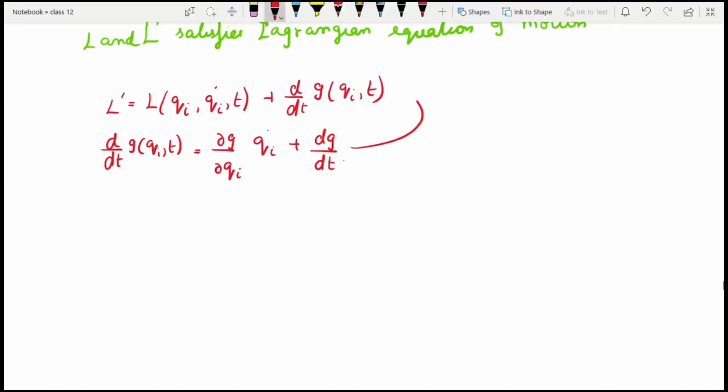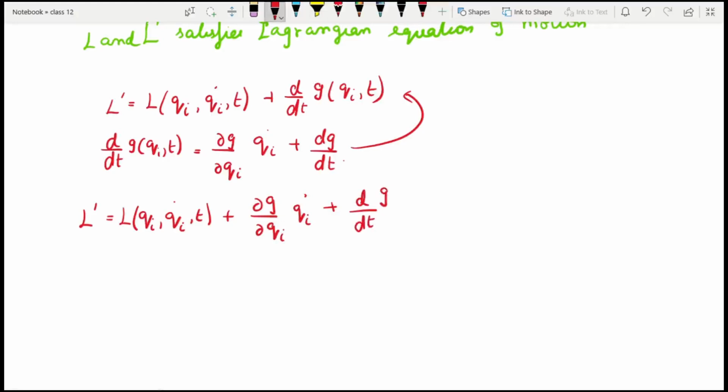Now we will substitute it here and see what we will be getting. L prime is equal to L(qi, qi dot, t) plus dou g by dou qi times qi dot plus dou g by dou t.